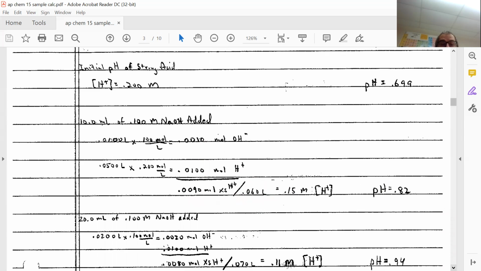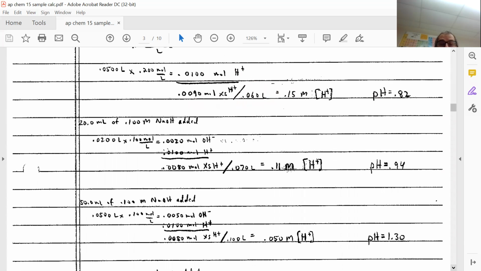I could do the same thing at 20 milliliters, and I'm going to get 0.0020 moles here. So I have 0.0080 moles excess, but notice it's over 0.07 liters, because I have 50 plus 20 milliliters added, and it's 0.94, not affecting the pH much.